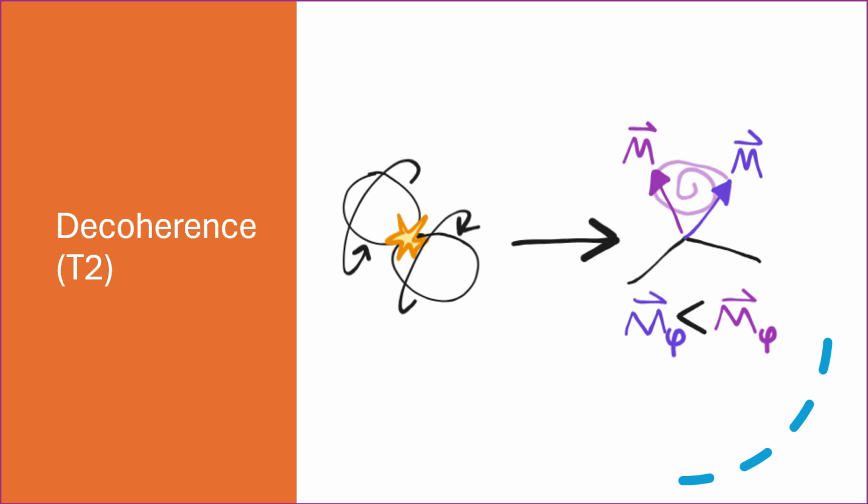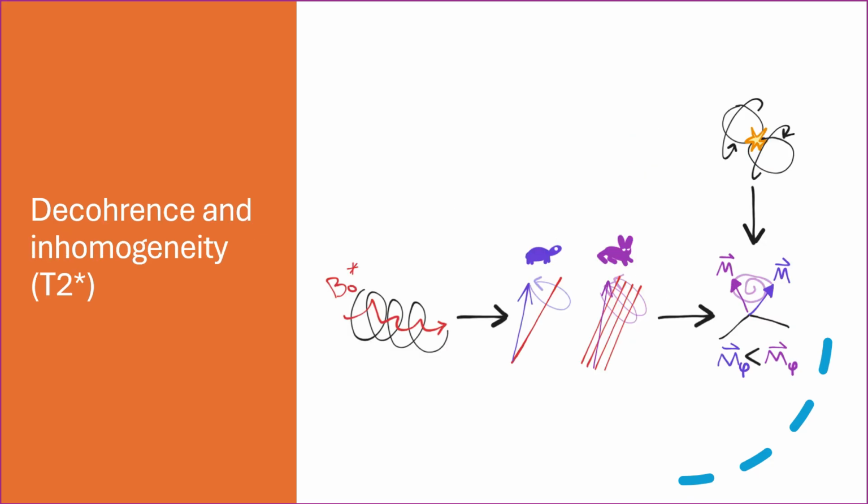Now T1 is usually pretty stable and is used to generate specific signals, and so is T2, although there is something that also causes this dephasing, and that's local inhomogeneities. You can imagine that the field isn't perfect, and the patient will start bending these magnetic fields around them.